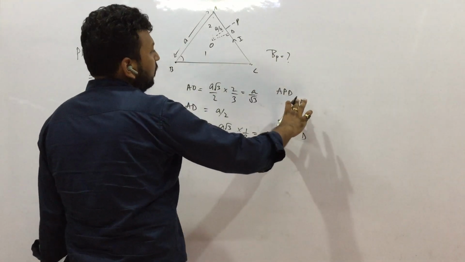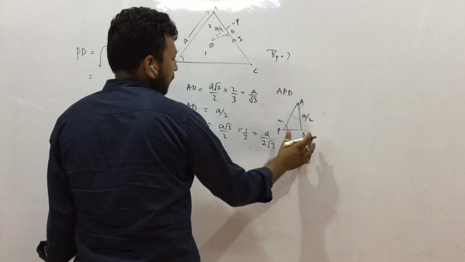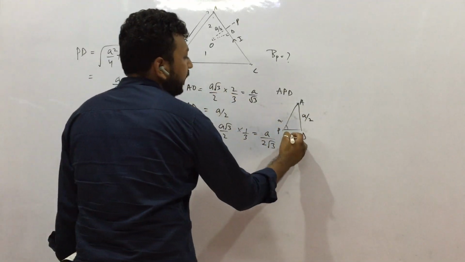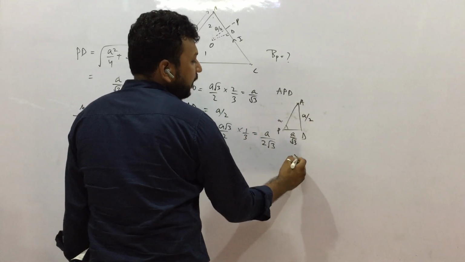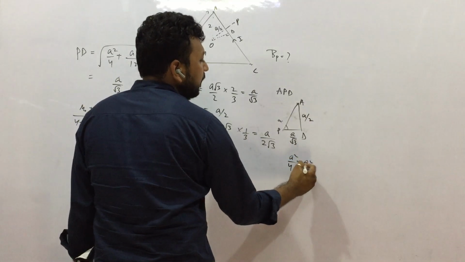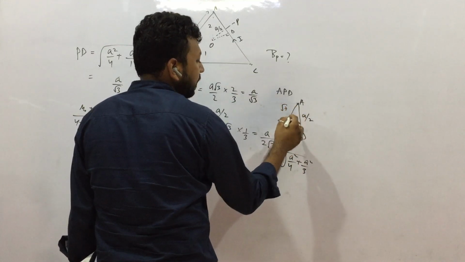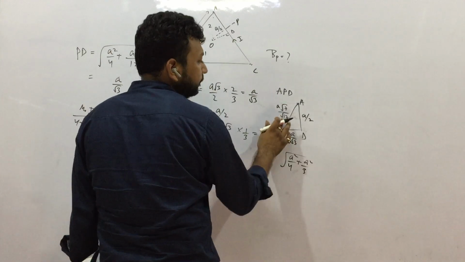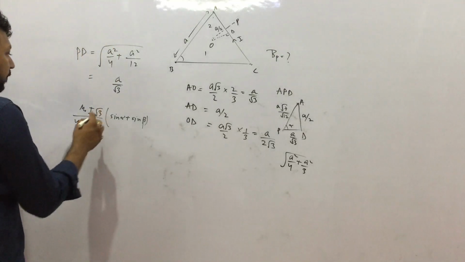So what will alpha be? AD is A by 2, and PD, which we have already found, is A by root 3. From the vector sum of both we can find the hypotenuse: A square by 4 plus A square by 3 under root, that means root 7 by root 12 into A. From here you can find sin alpha and put it in.